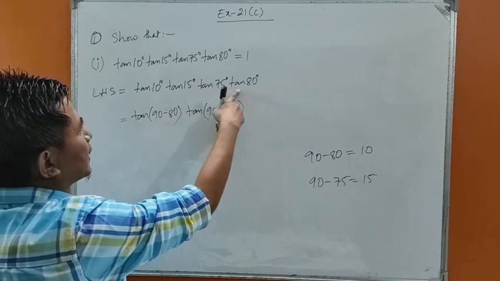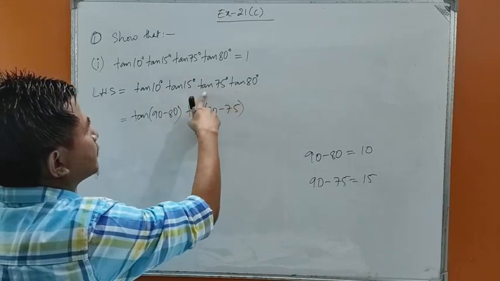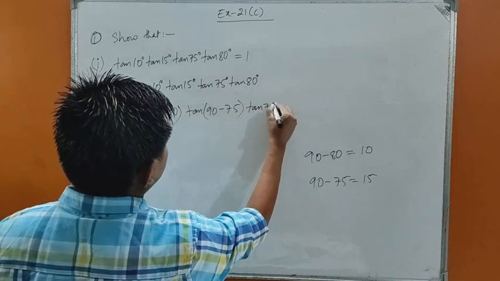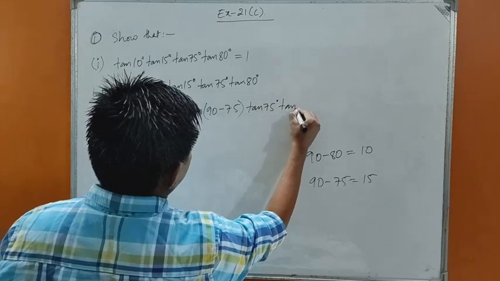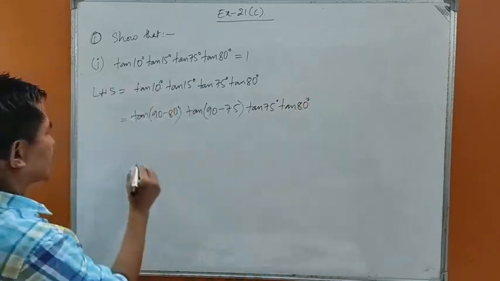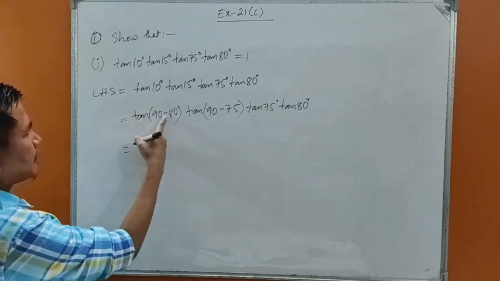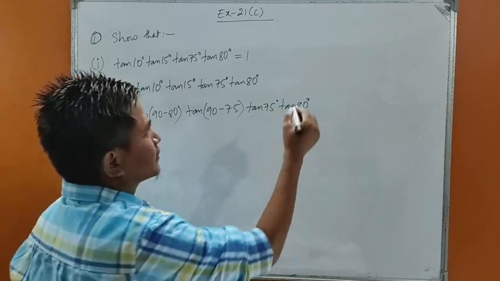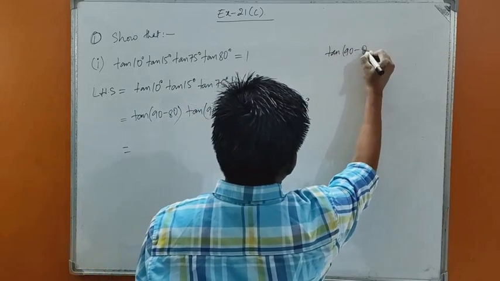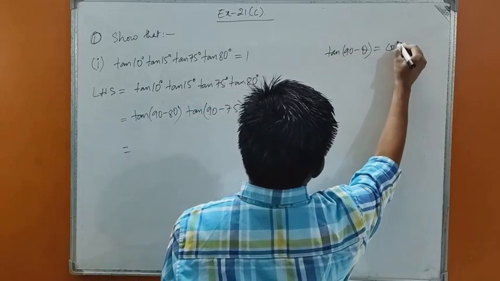So I copy this as it is: tan 75 into tan 80 degree. Tan 90 minus theta, we have seen the formula, isn't it? Tan 90 minus theta equals cot theta.